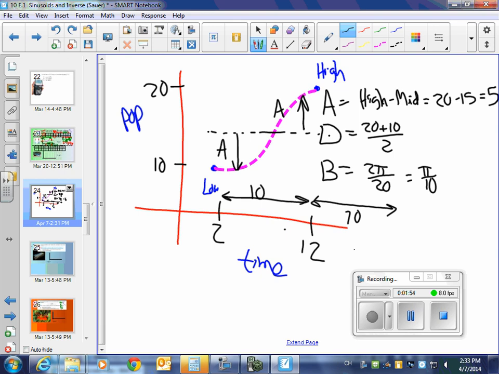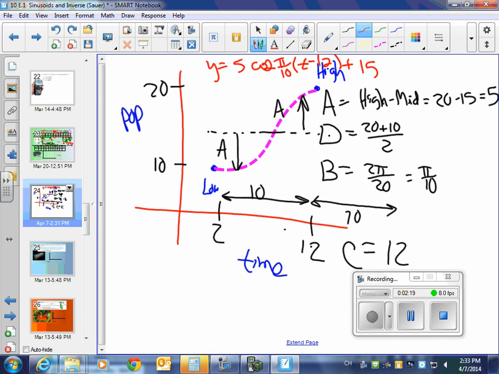And then C is the x value of the first peak, which is going to be 12. Okay, so my answer is just going to be y = 5 cos(pi/10 (t - 12)) + 15. Okay, that's what we've done.